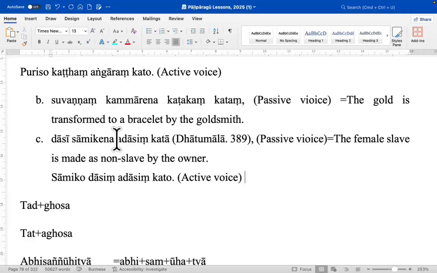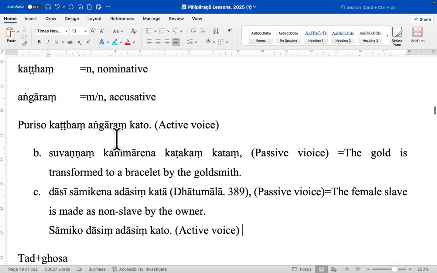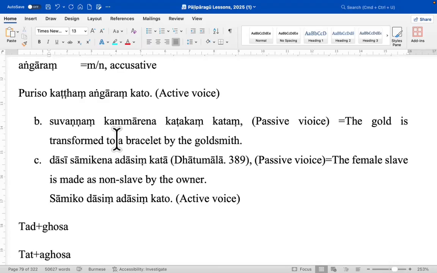The Pāḷipāragū language also gives an example, so I will give you his example too. These Dhammamālā examples are with the kita verb.